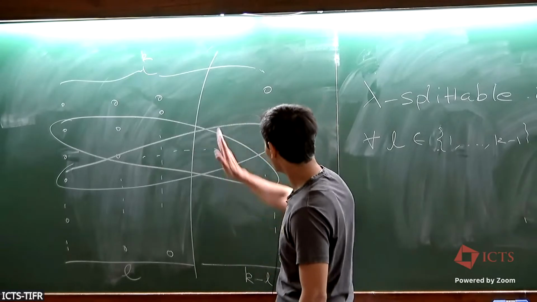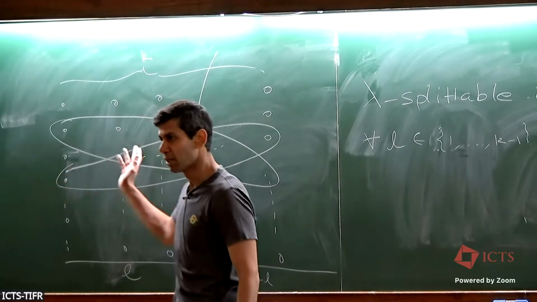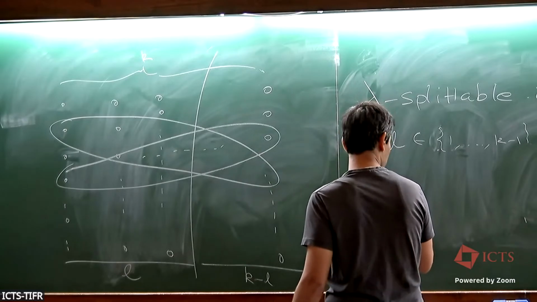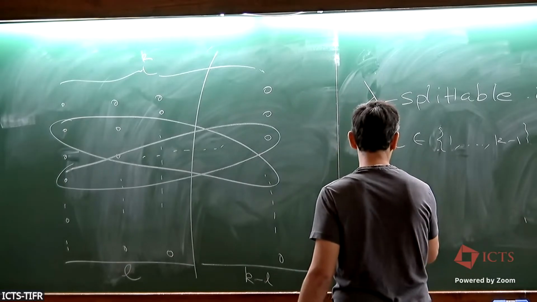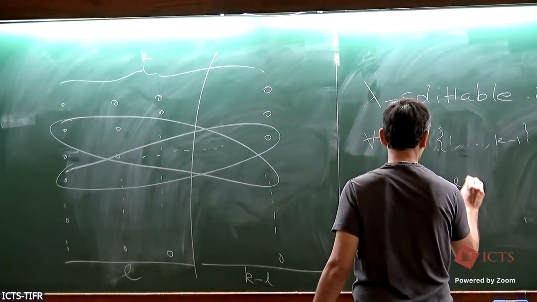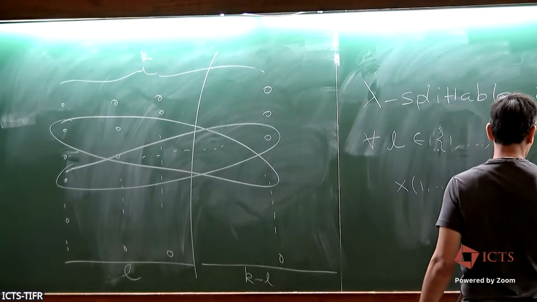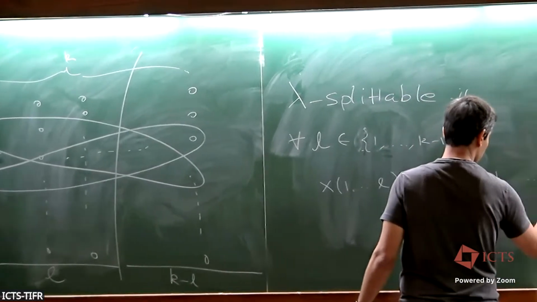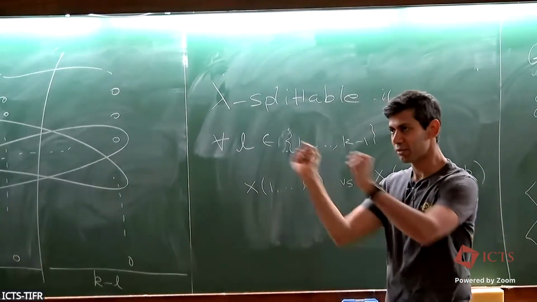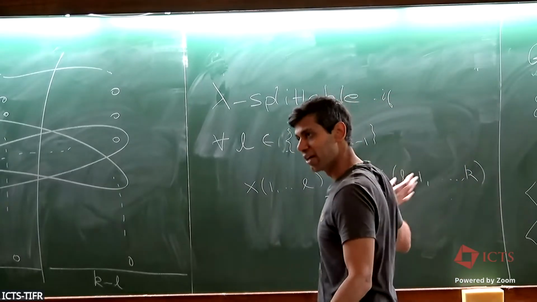So when I say K minus L, it always is the last K minus L, and when I say L, it's always the first L. So let's call them X 1 to L, by slight abuse of notation, and X L plus 1 to K. So for every hyperedge, I take its first L coordinates, make it one vertex, and take its last K minus L coordinates, make it a vertex.